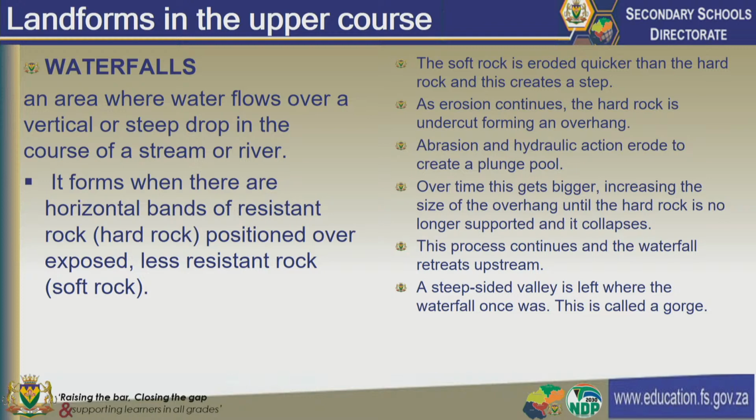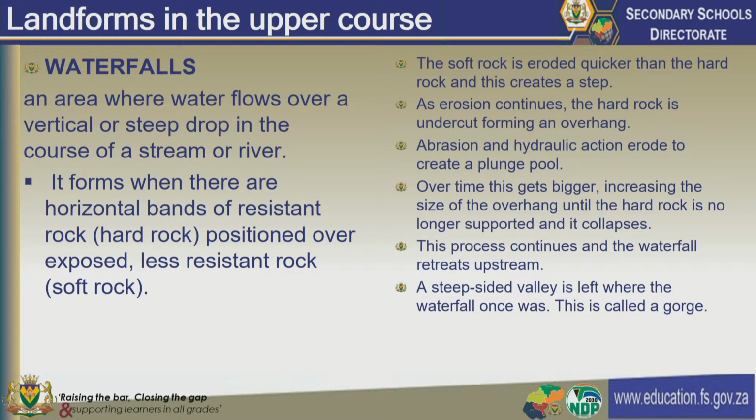You'll find that there is hard rock that is positioned over exposed, less resistant rock. What will happen? The soft rock is eroded quicker than the hard rock, and this creates a step.